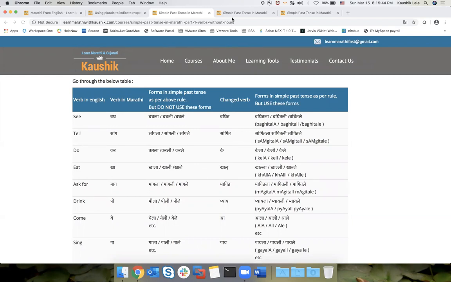And then we have Ram ni bhaji anali in the past. And then I read that it's not always that we add ni to the subject. So that ne or ni will come only for the third person.